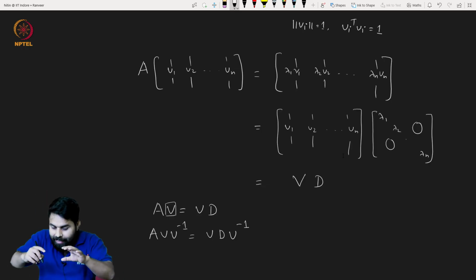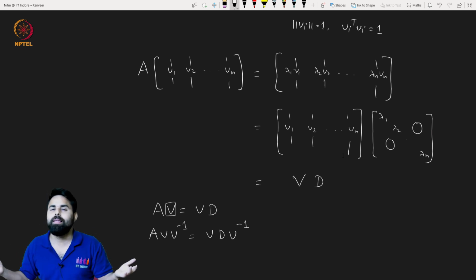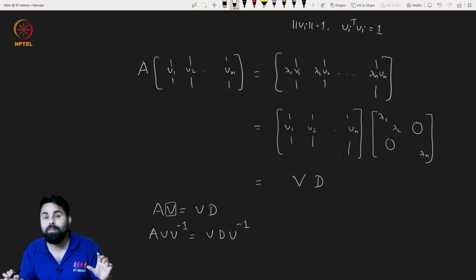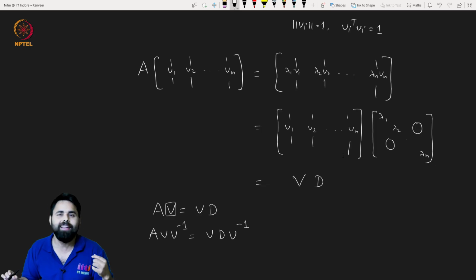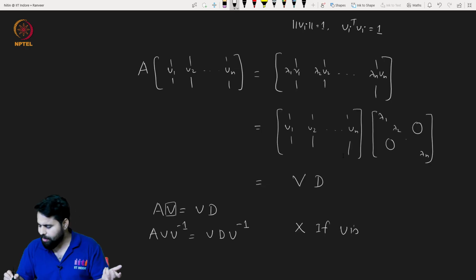Maybe the eigenvectors that I have chosen may not be linearly independent. In that case, V will have determinant 0 and the inverse will not exist. In that case, I cannot write this. This is not true if V is not invertible.